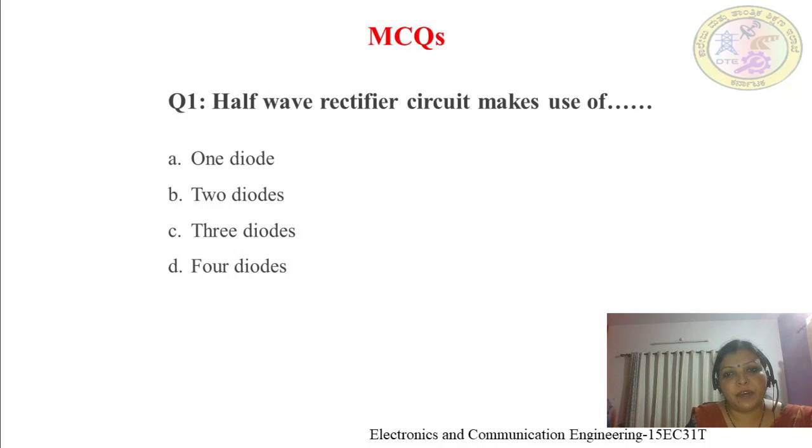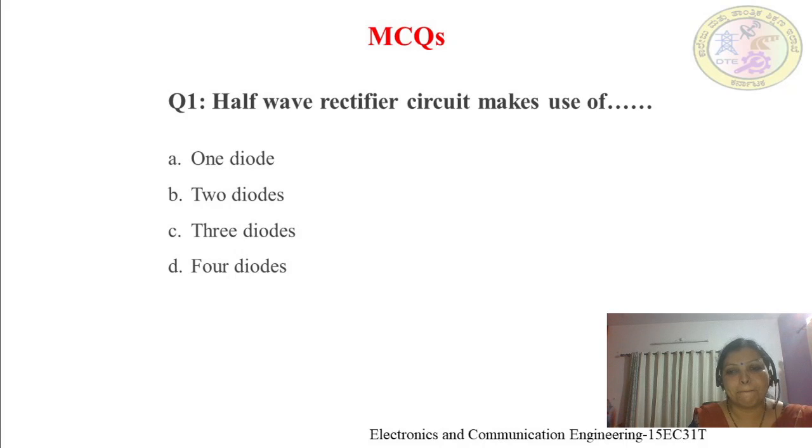A half wave rectifier circuit makes use of how many diodes? Option A, 1 diode; B, 2 diodes; C, 3 diodes; or D, 4 diodes.